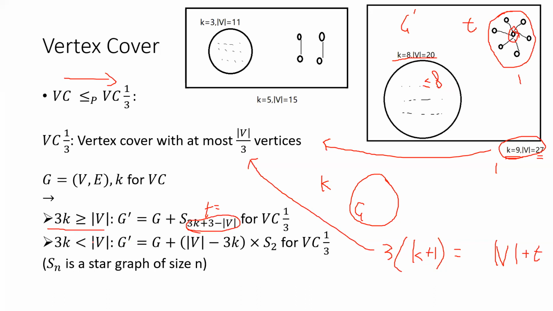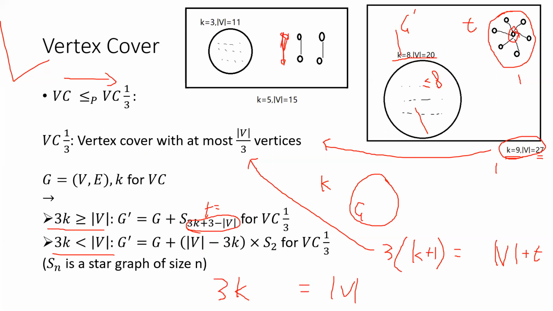Okay, another case is if 3K is smaller than V, then we will add this. This is S2. It's also a star graph, and we will add many star graphs here to again make the number of vertices in the vertex cover set 1/3 of the number of total vertices. The calculation is here because you have K and you have V, and you want to make it this 3.